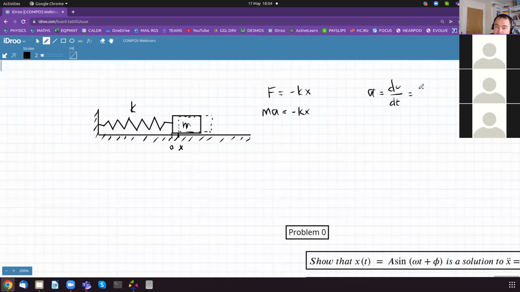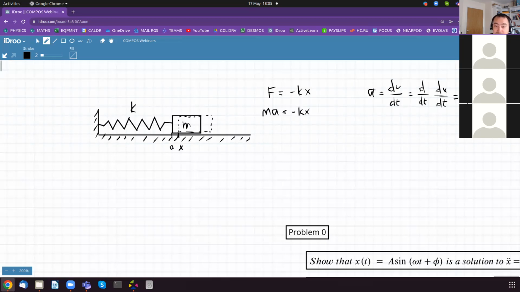So it's equal to d/dt of dx/dt. Because v is the derivative of x. In other words, the acceleration is the second derivative of the displacement with respect to time.